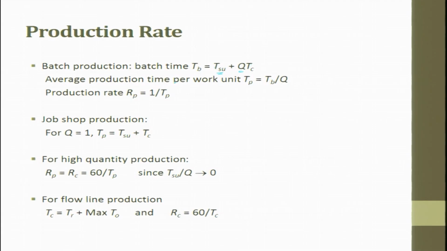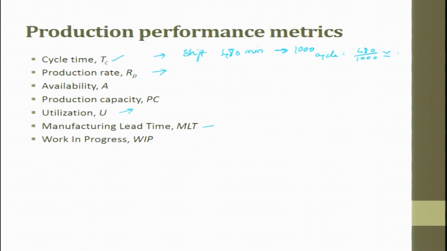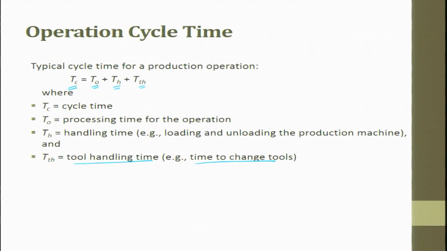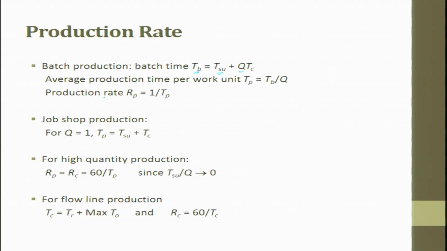So, the average production time per work unit Tp is equal to Tb divided by Q. Production rate Rp is nothing but 1 by Tp.